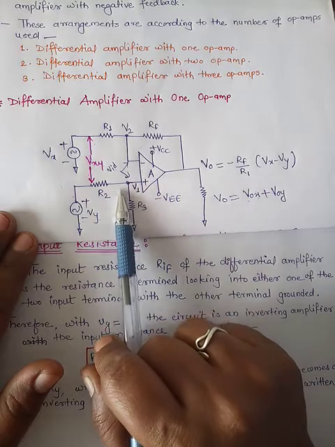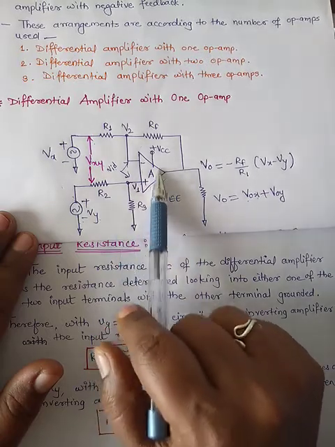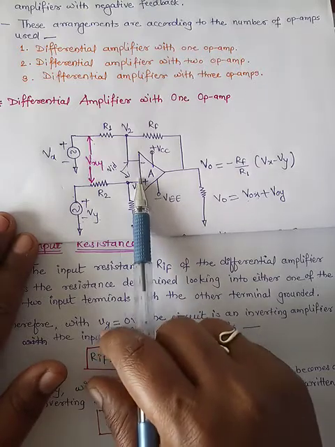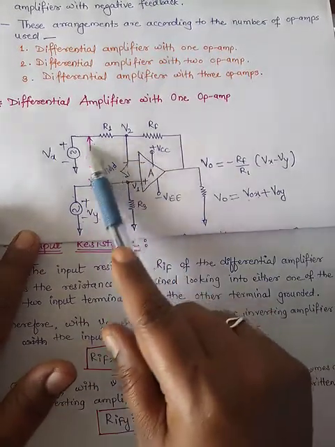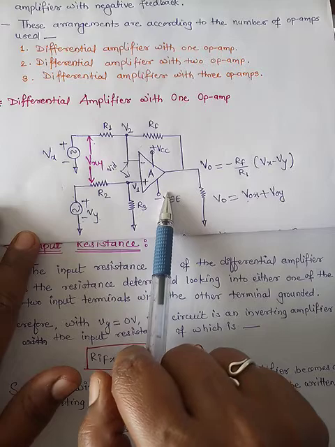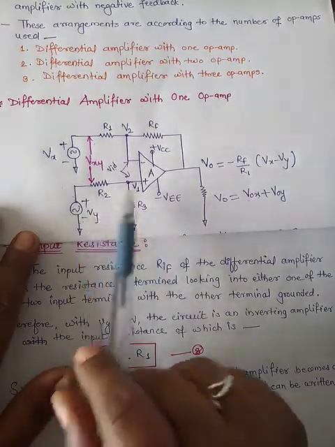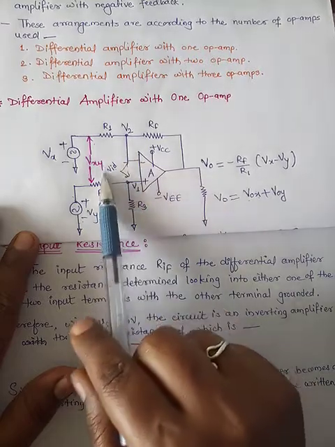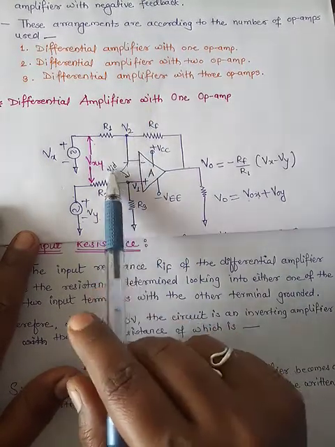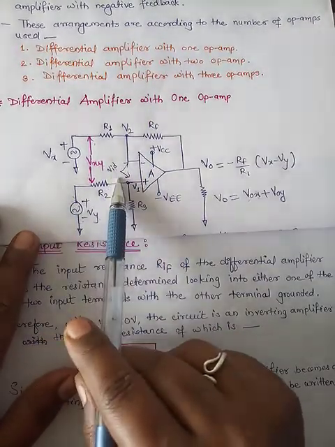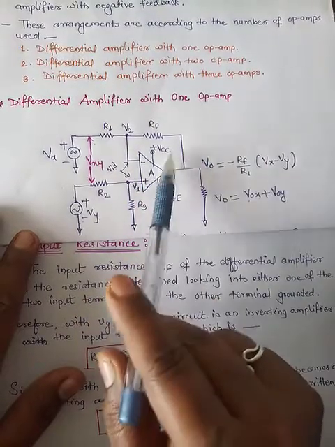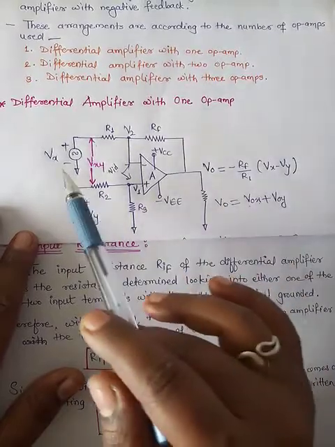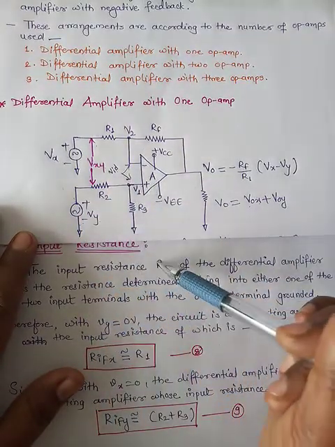So when V1 is equal to 0, which configuration of amplifier is this? It is an inverting amplifier with negative feedback. Vy equal to 0 means the op amp will now be working in inverting configuration, and we have already derived the input resistance of the inverting amplifier with negative feedback.